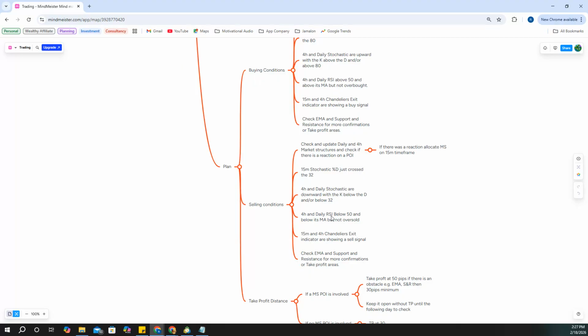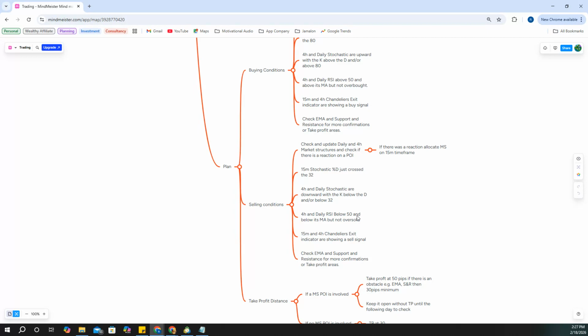The 4 hour and daily RSI, this is very important and crucial. Sometimes on this one, if the daily is with the trade and the 4 hour is not, I might just ignore the fact that the 4 hour is not.